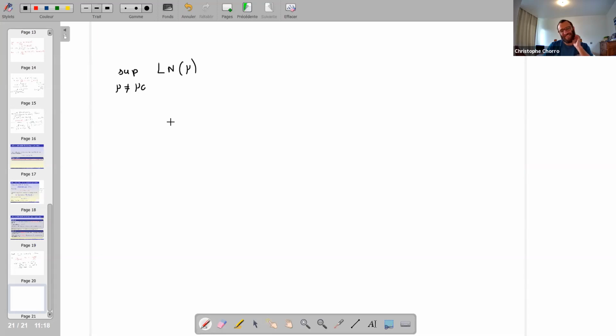So what can I do? In fact, what I will do here is something that I have already done in finding the maximum likelihood estimator.